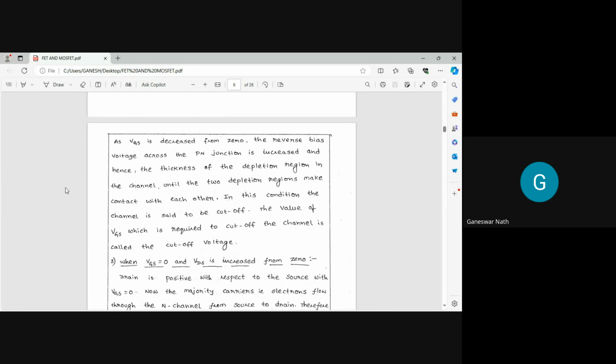So what will happen actually? As VGS decreases from zero, the reverse voltage across the PN junction increases, and the depletion region grows in this channel until they make contact with each other.